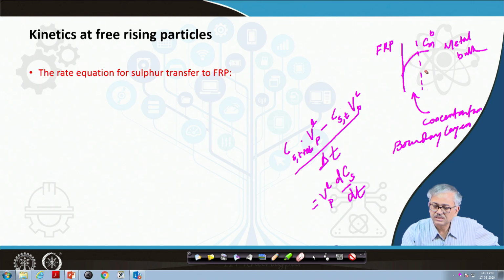And this should be equal to, if I do the mass balance, the rate of transfer of impurity through the concentration boundary layer, and that can be defined using the mass transfer coefficient, okay.